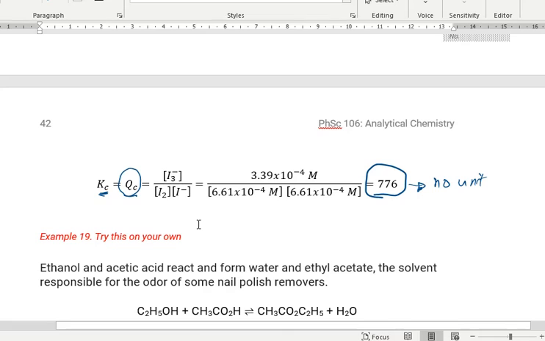Oh, I'm sorry, class. I think this might have unit. Sorry. Because this will be squared. But in equilibrium concentrations, we don't really put the units in solving for equilibrium constants.